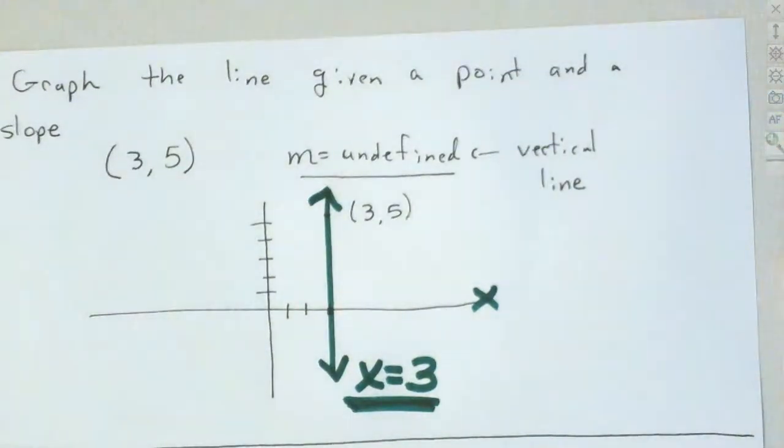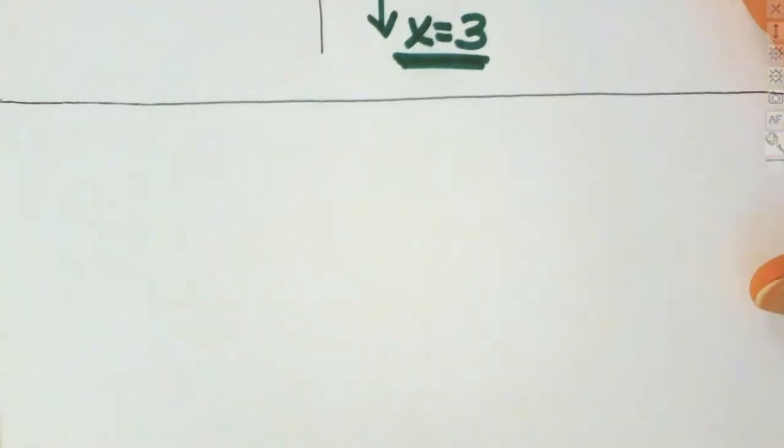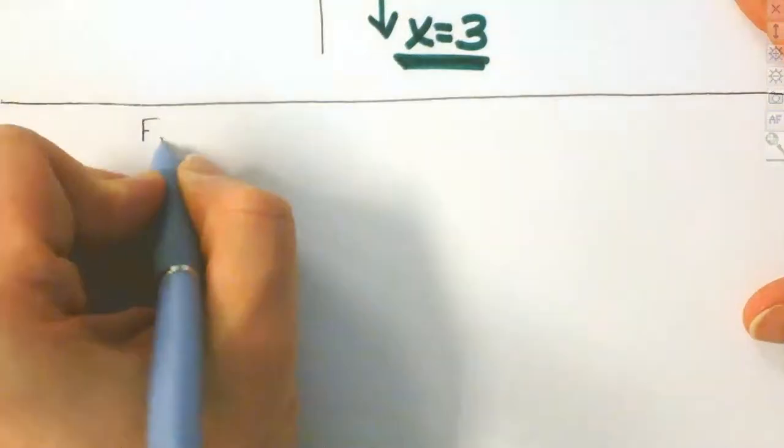Now, we can also find the slope when you're given 2 points. So that's what we're going to be doing next. We're going to be finding the slope when you're given 2 different points. We have a formula for that.